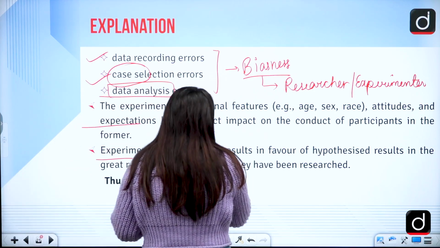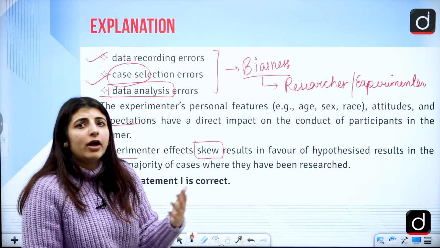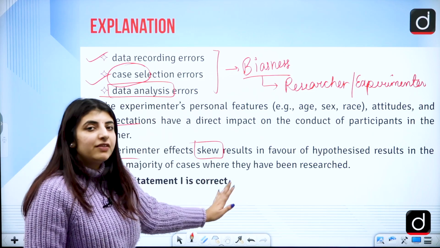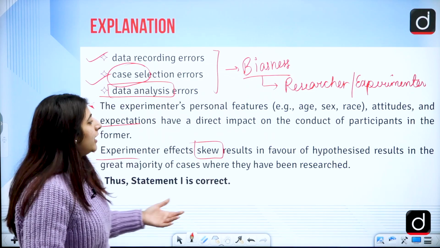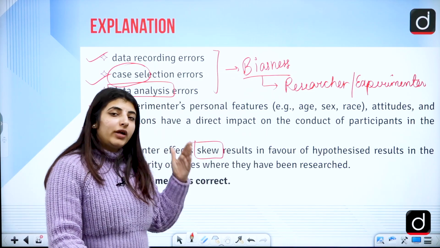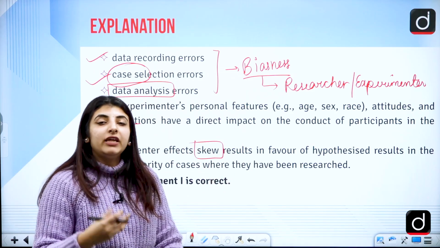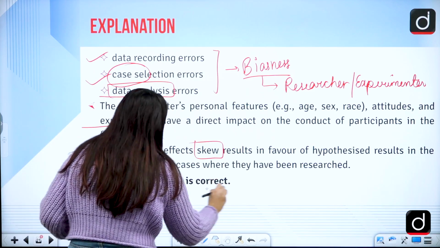Hence, they are making changes and showing us results which would not have turned out as they did, because the experimenter changed it, modified it, altered it, right? So in their favor, what he wants to prove has been proven even if the results were something else. So statement 1 is correct.